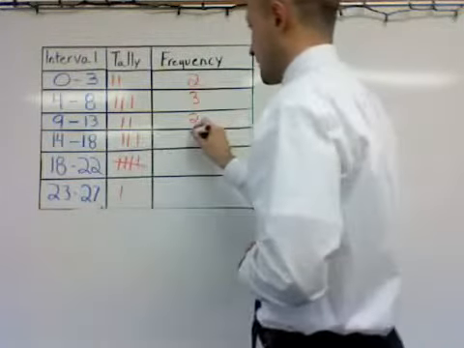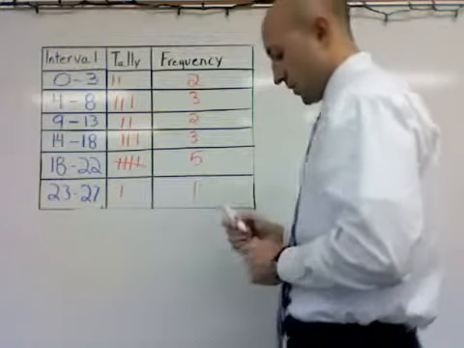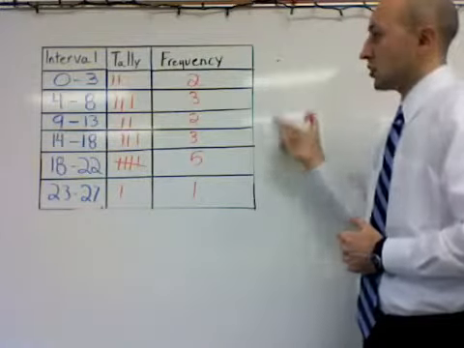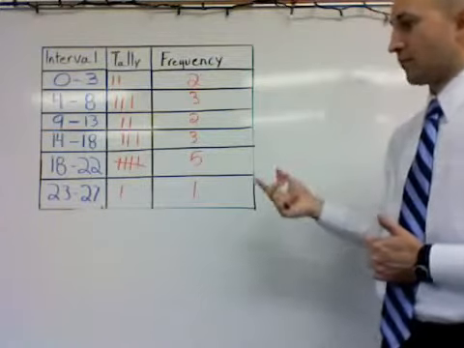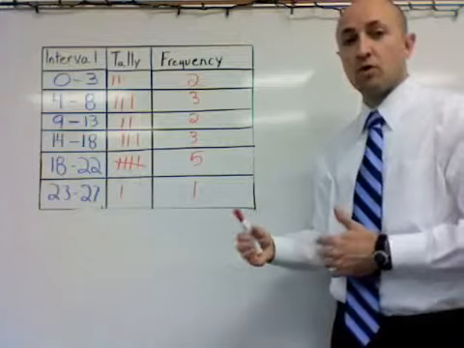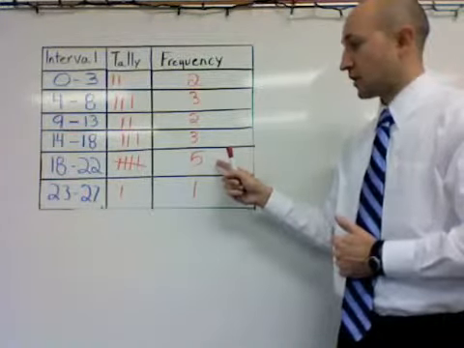I get a 3 again. 5, and 1. So now just by looking at my frequency chart here, I can tell that most people from my survey have been on a roller coaster 18 to 22 times, somewhere in that range, because it has the largest number. 5 people have given me that response.